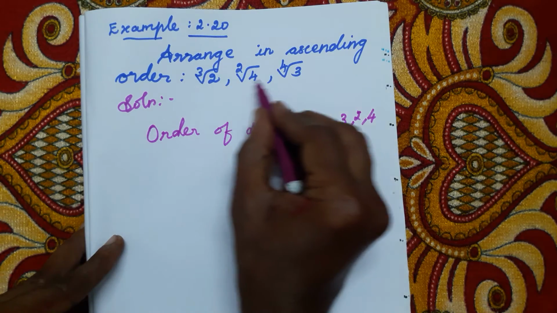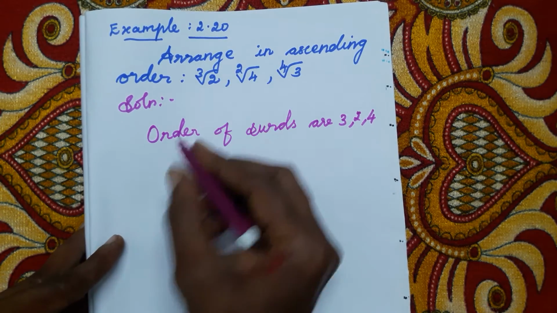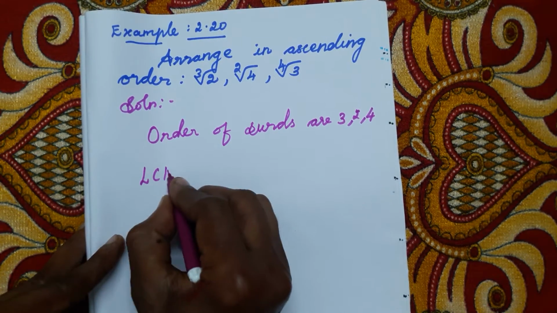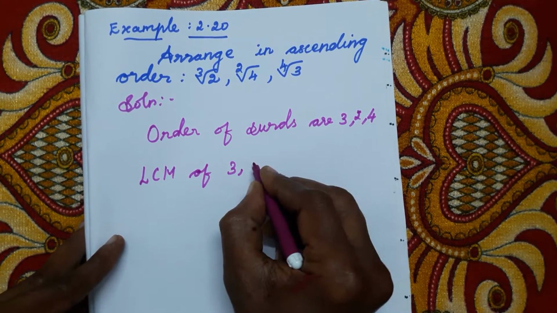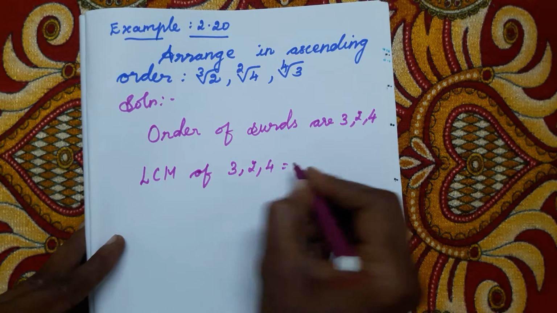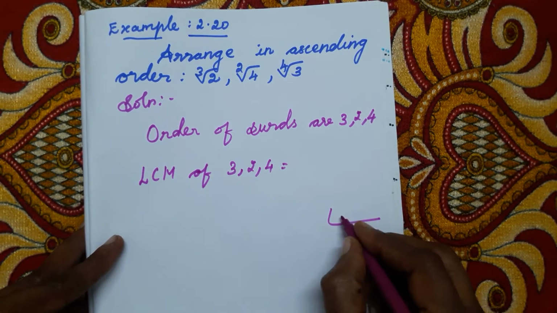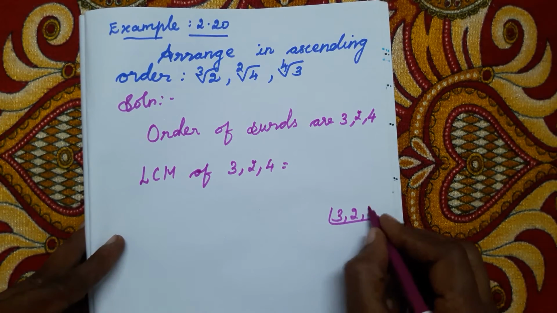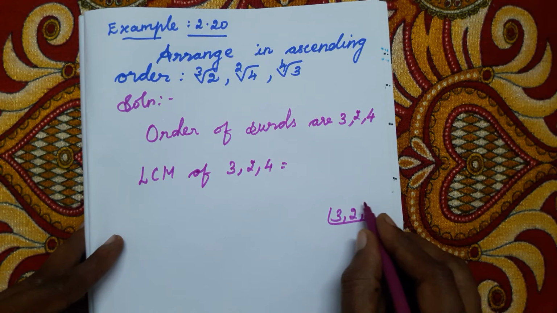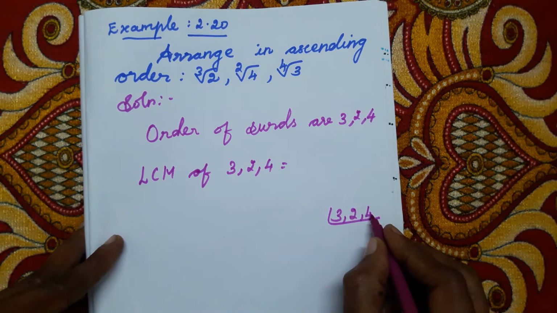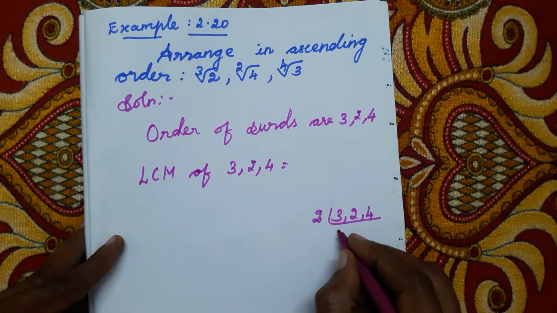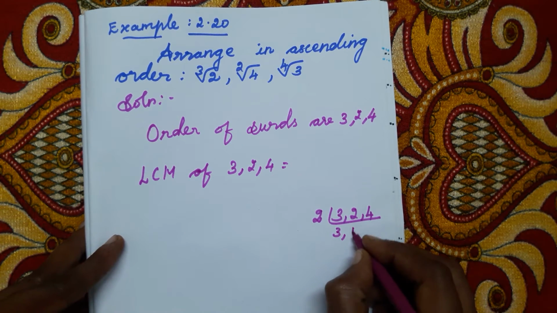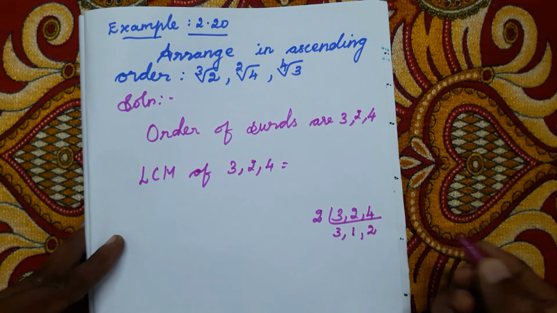First we have to find the LCM of 3, 2, 4. How can we find the LCM? Now 2 and 4 we can factorize with the 2 table. So I am selecting the 2 table. 3 write the same. 1, 2 is 2. 2, 2 is 4.